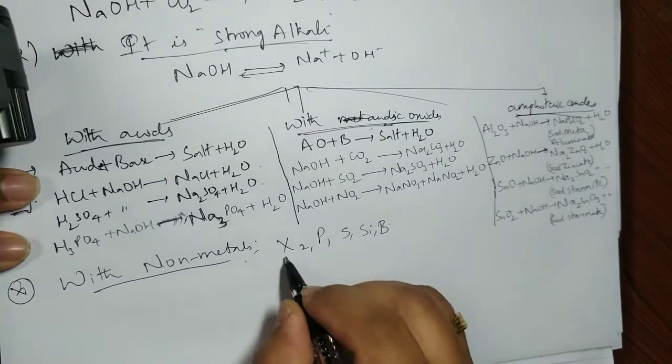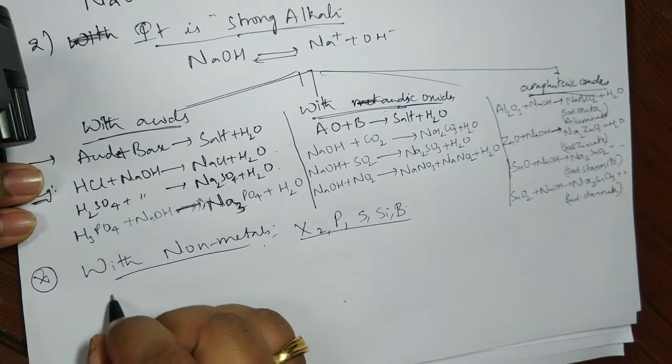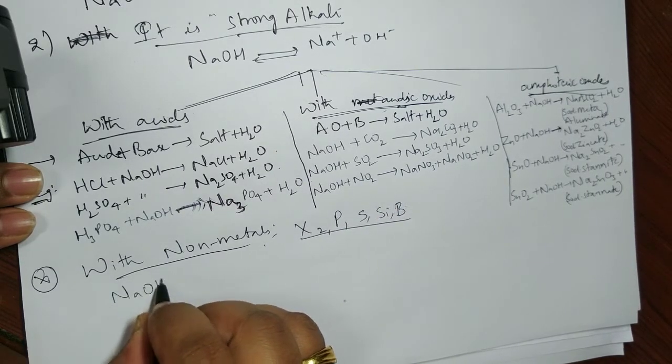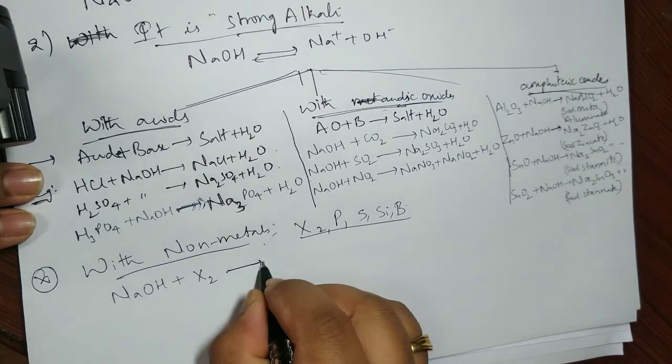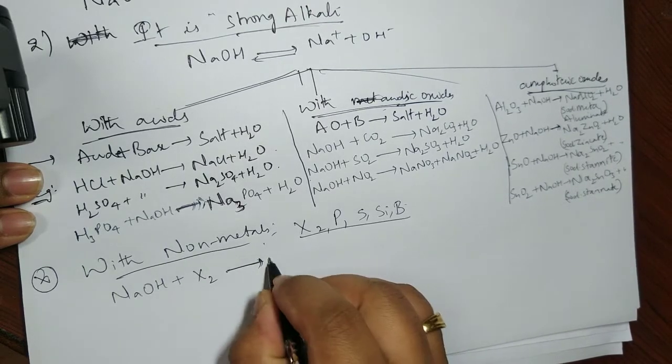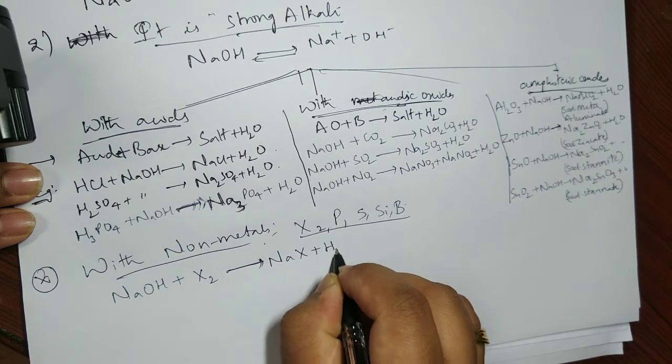And with halogen, it's really important. NaOH plus halogen gives, it is very much evident what it should form: sodium halide plus water, correct?